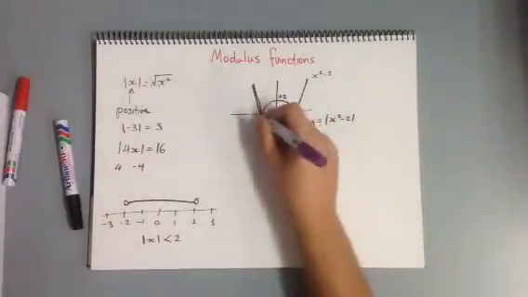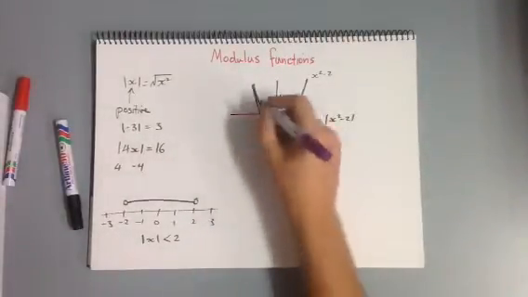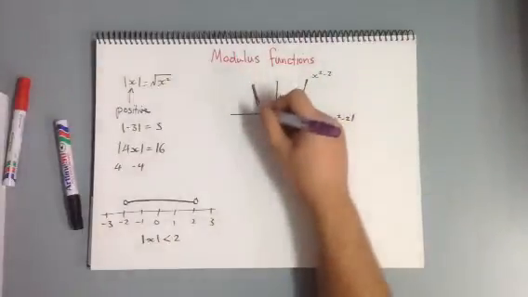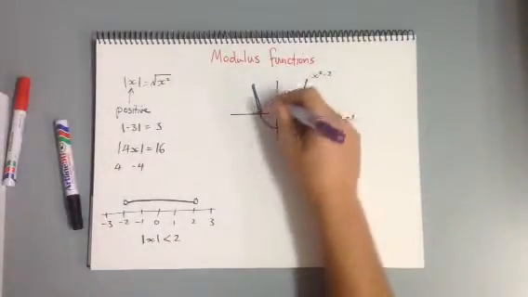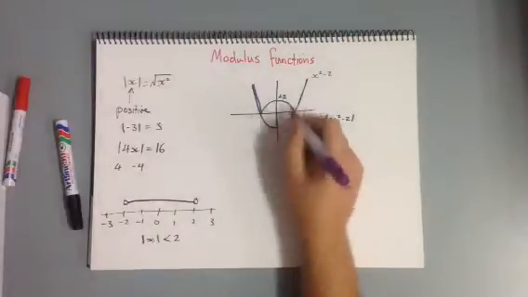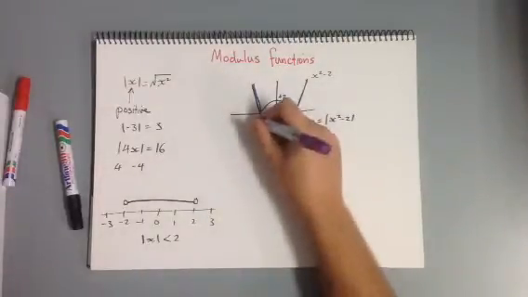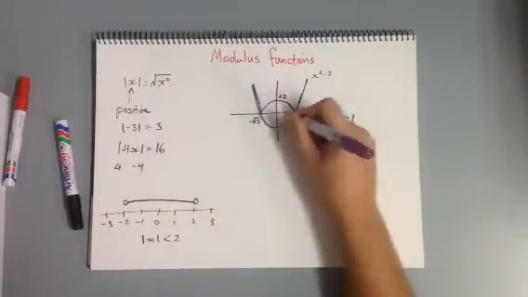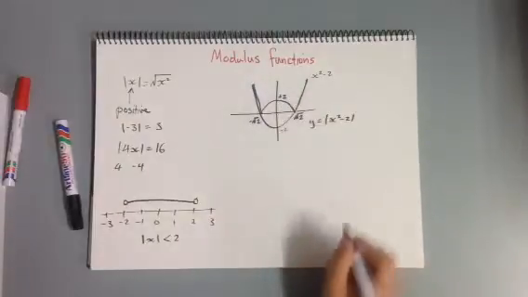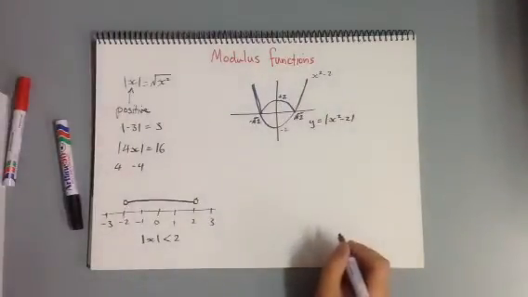Now, to actually define that, we need to break it into a piecewise function, and define these parts as well as these parts together. We should all be pretty comfortable with the fact that our x-intercepts are -√2 and +√2.